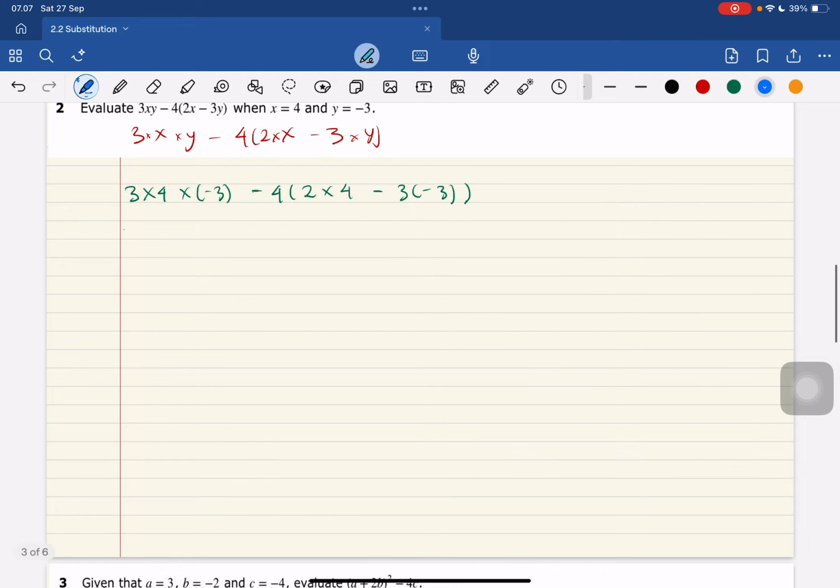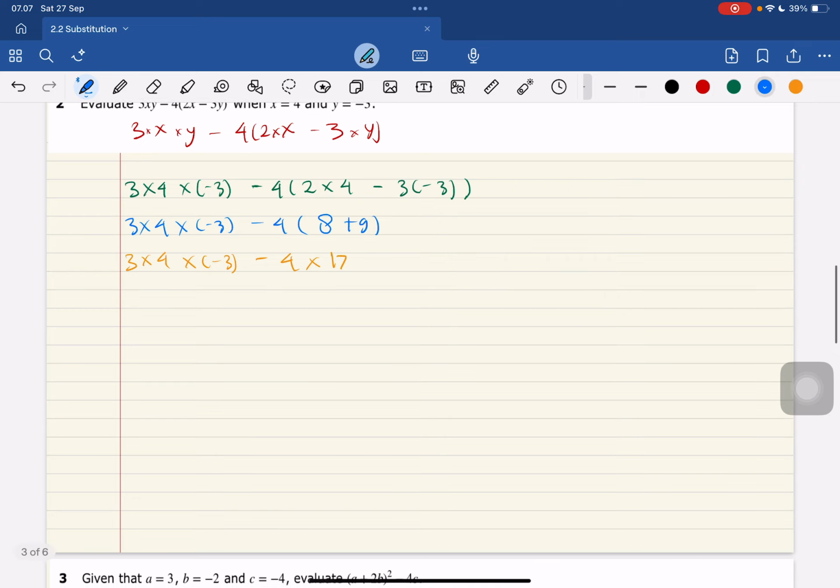So let's keep it. 3 times 4 times minus 3, minus 4 bracket, 2 times 4 is going to be 8, so plus 9. So next step, 3 times 4 times minus 3, minus 4 times 17.